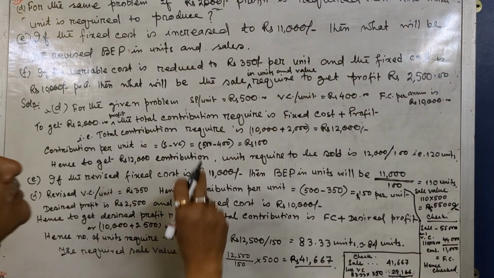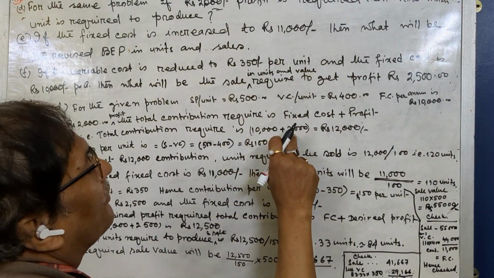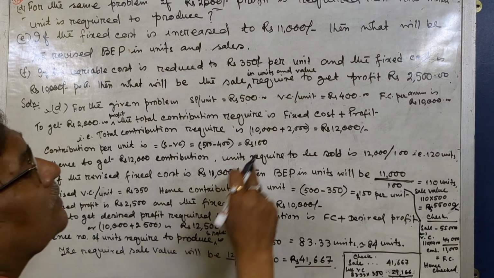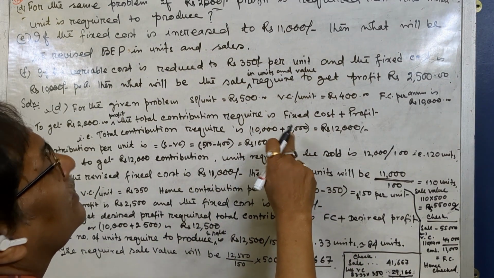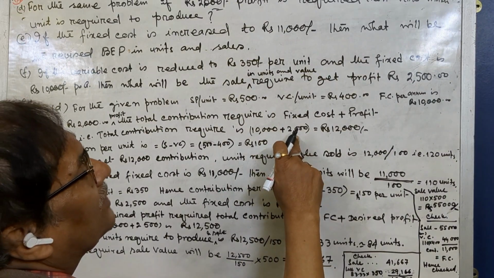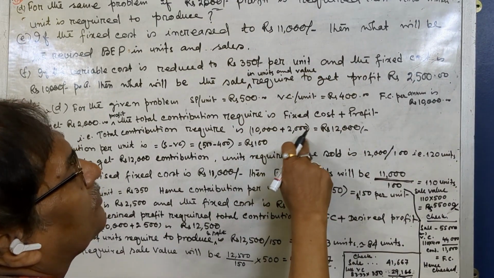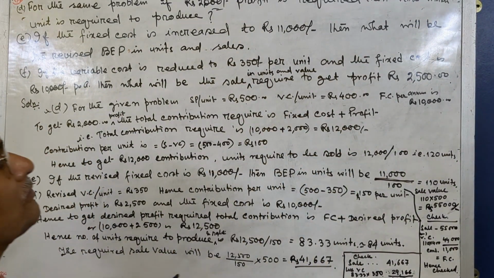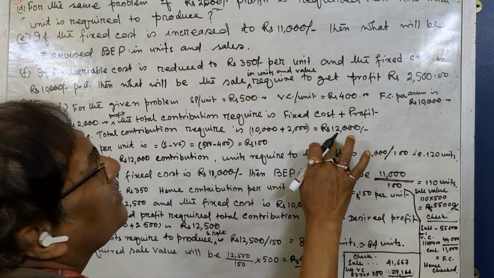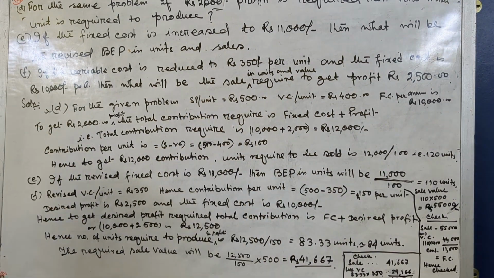What you have done is simply add the required profit to the fixed cost, and the total amount is the required contribution. If you require 5,000 of profit, then how much contribution is required? 10,000 plus 5,000, that is 15,000 contribution is required. In this way, first you determine how much contribution is required.